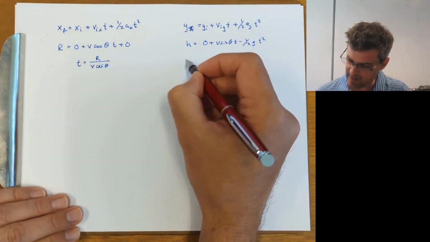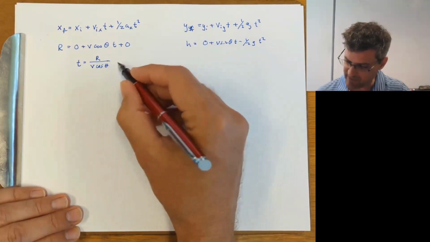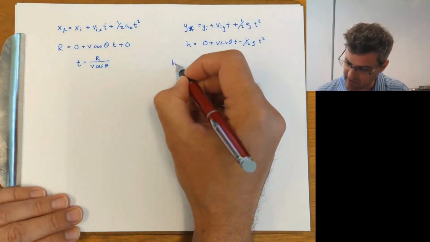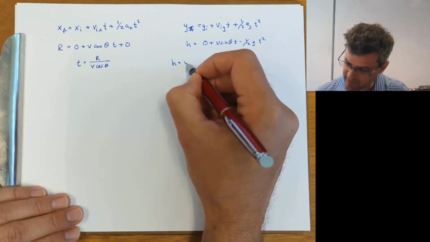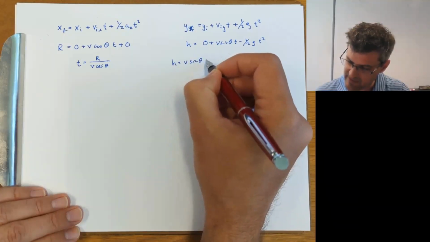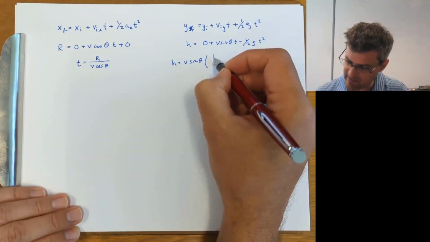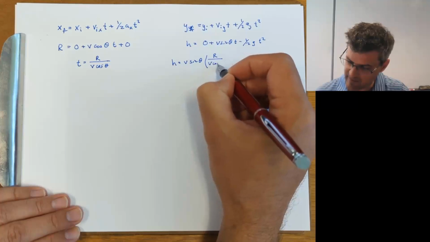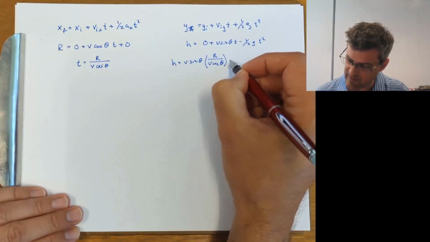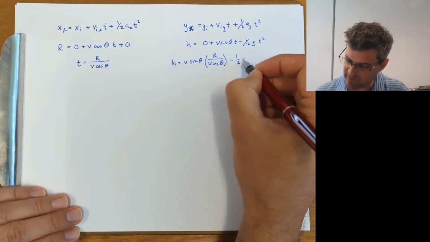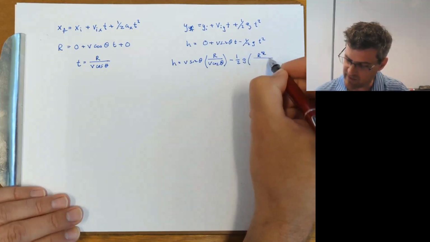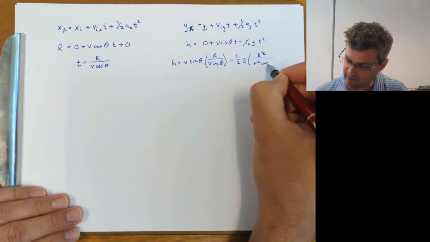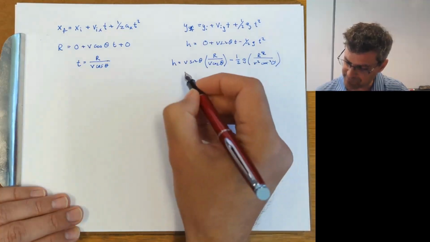And because of this, plugging this time in over here, h is equal to v sine theta minus 1/2 g r squared over v squared cosine squared theta.